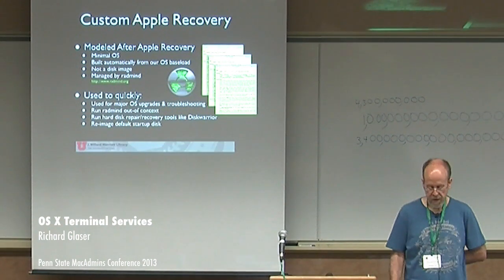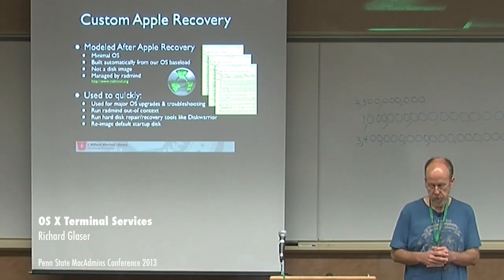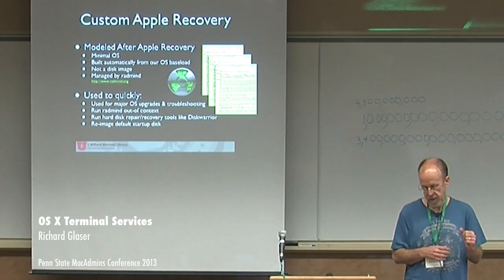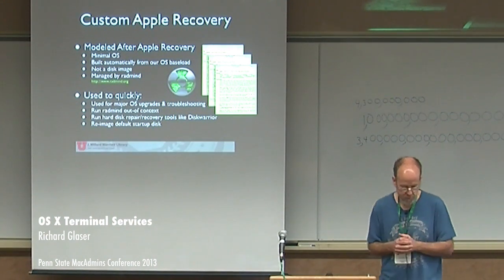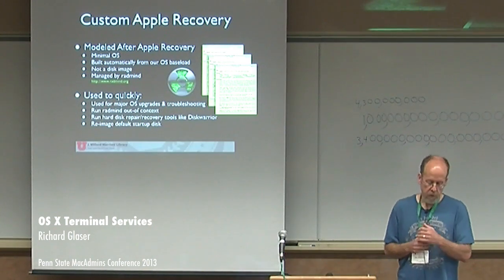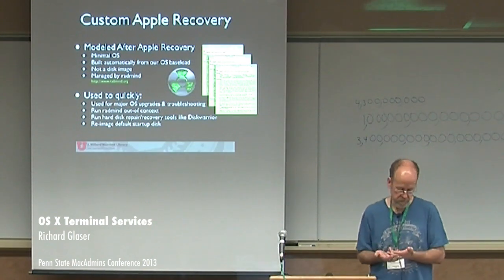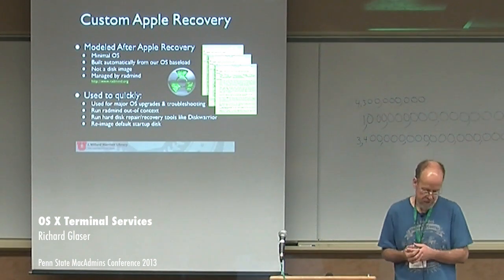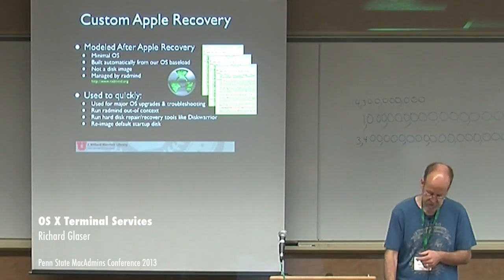We can run RADMind out of context, which basically allows us to boot from a separate hard disk and update the file system on another partition. We can run repair utilities like DiskWarrior and Data Rescue, and we can quickly reimage the startup disk.